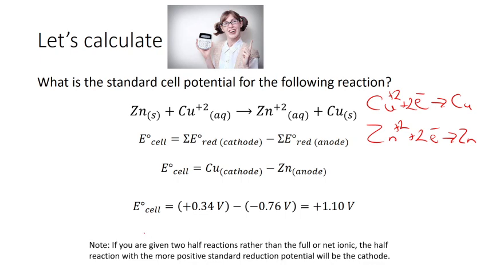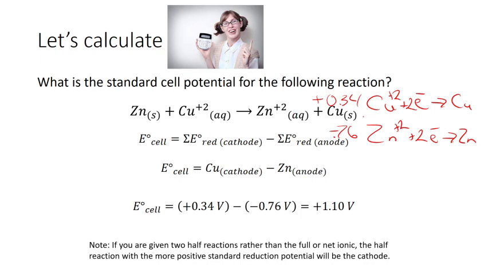Which is a great question. If you're only given the reduction equations for the galvanic cell, then you can look at the standard reduction potential chart. You see that zinc has a standard reduction potential of negative 0.76 and copper has a standard reduction potential of 0.34. The one with the more positive reduction potential will be the cathode.